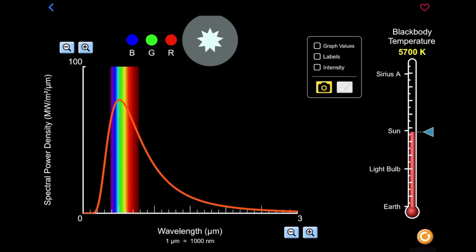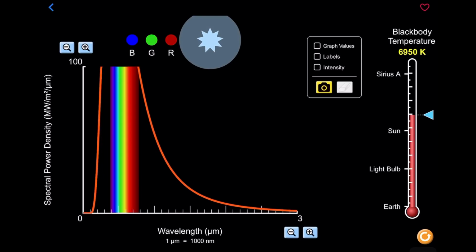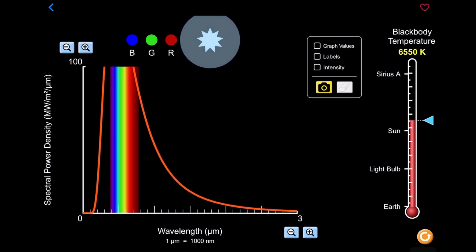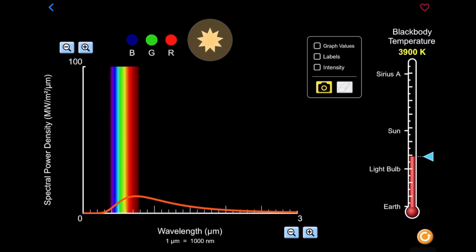Wien displacement law means that for any black body, the temperature of the black body is inversely proportional to its wavelength. Imagine the sun itself. Right now you can see on the right-hand side that the temperature scale is on the sun's point. If you increase the temperature, the wavelength is reducing. If you decrease the temperature, the wavelength is shifting towards the right, meaning it is increasing.